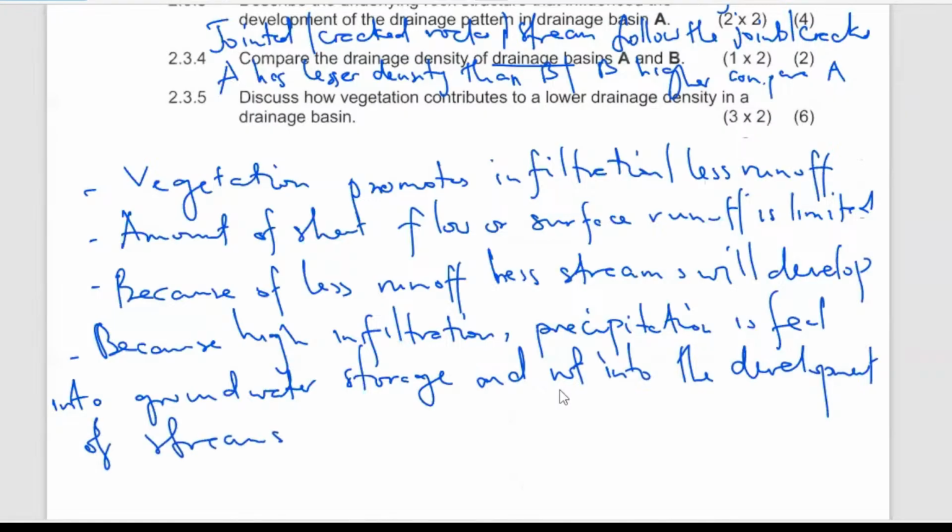So because of that reason, that is why we tend to have lower drainage density in an area with vegetation, or in a vegetated area.